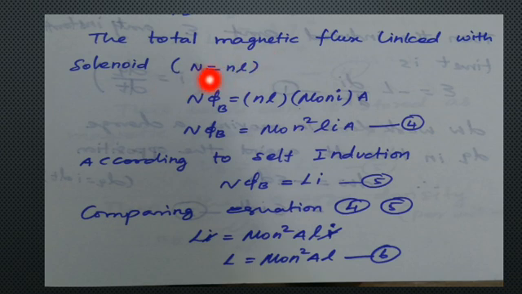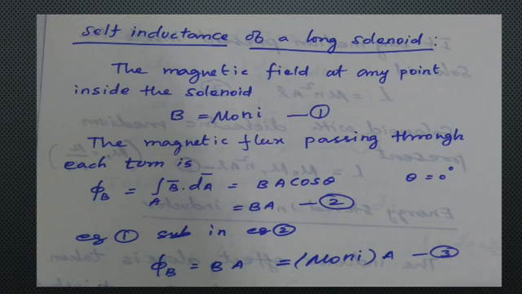Therefore N phi B, where N equals nL. What is phi B? Phi B is mu naught n i A.